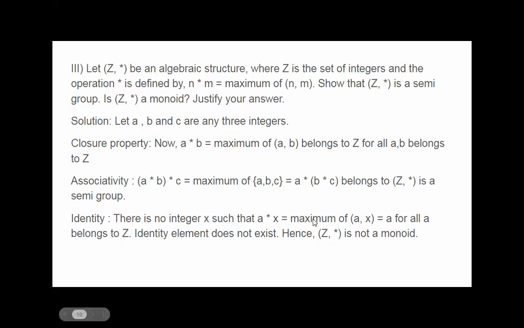If we take A star x, the operation will be the maximum of A comma x, which should be equal to A for all A. But it is not always the case. A will not be greater at all times. It might be smaller also. So what we have defined, Z star, is not a monoid. It is only a semi-group.